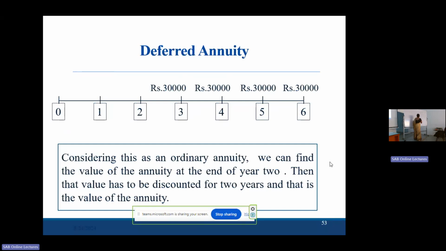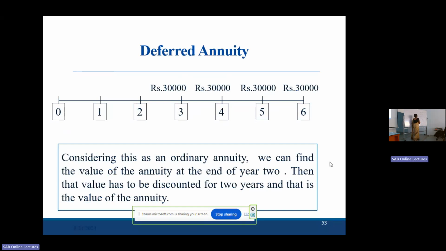Still have 1.13. So here, number of years 4. Equation: there are 4 cash flows. So 1.13 to the power minus 4 divided by 0.13.